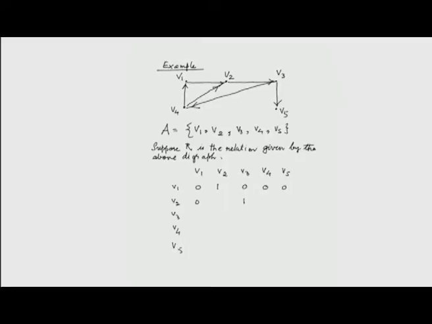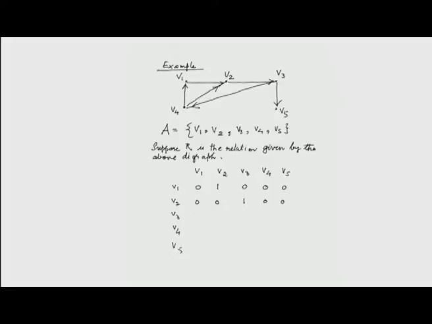Therefore, I will put zeros as the other entries of the second row, and then we come to V3, that is the third row, and in the third row V3 is related to two elements V4 and V5.